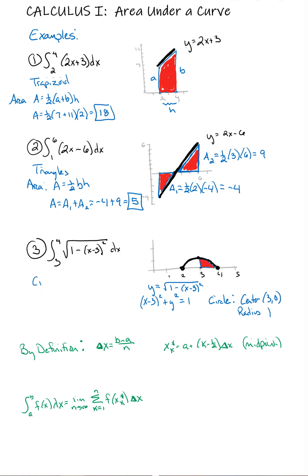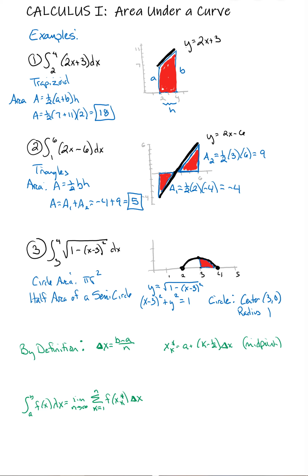Let's see, so the circle, we know its area is pi r squared. We want half the area of a semicircle. So half of a semicircle, well, that's half of a half.